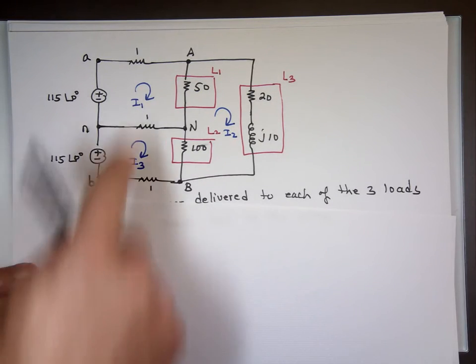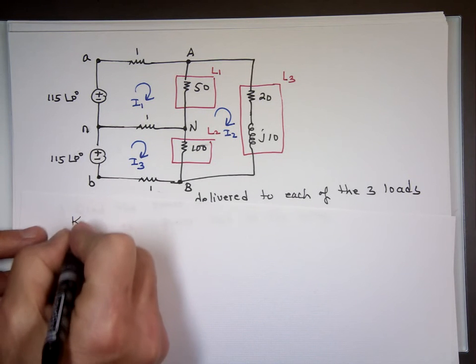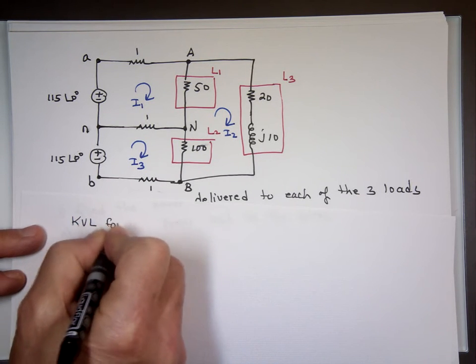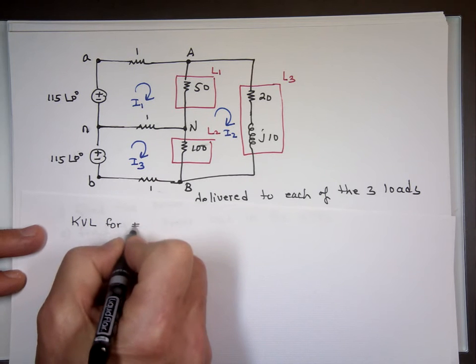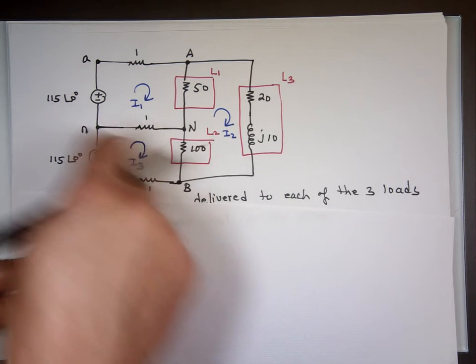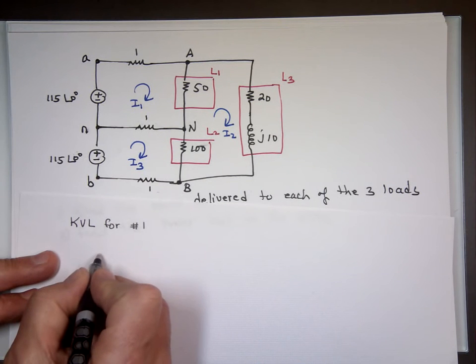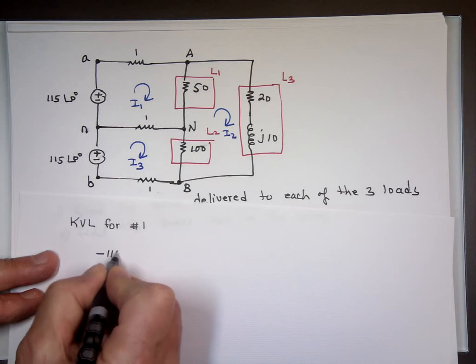and let's do KVL for loop 1. Right there. Sum of the voltage in a closed loop is 0. So if I travel this way, I'm entering the source minus to plus. Me, I use negative for that. I said that probably 10 times.